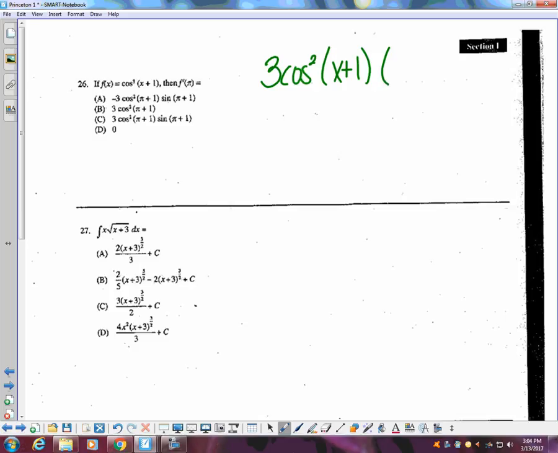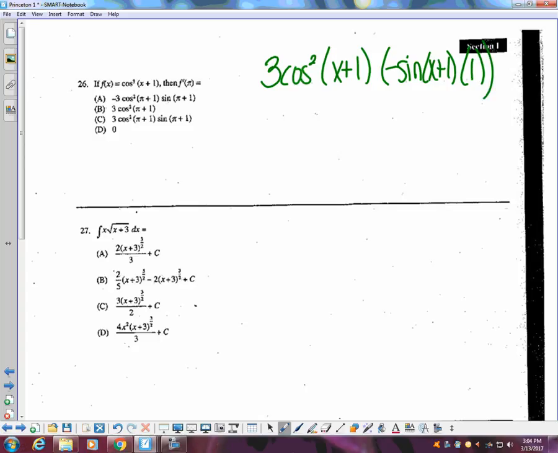Okay. Now, right here, guys, I almost got caught because I almost said, oh, okay, now I just got to do the derivative of x plus 1. But the 3 is there, so now I got to do the derivative of cosine, which is negative sine, leave the inside, then take the derivative of the inside.